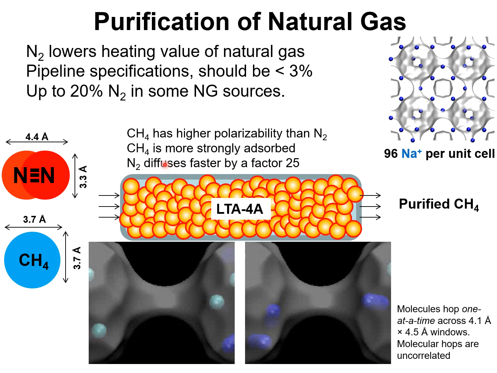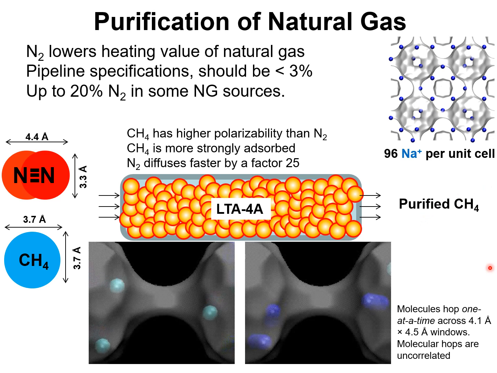The ratio of the diffusivities of nitrogen to that of methane is a factor of 25. This is large enough to override the adsorption selectivity that favors methane.